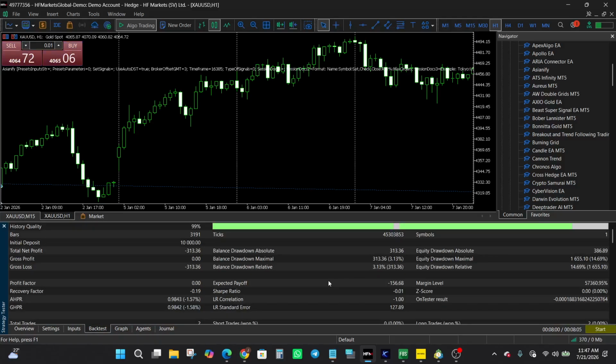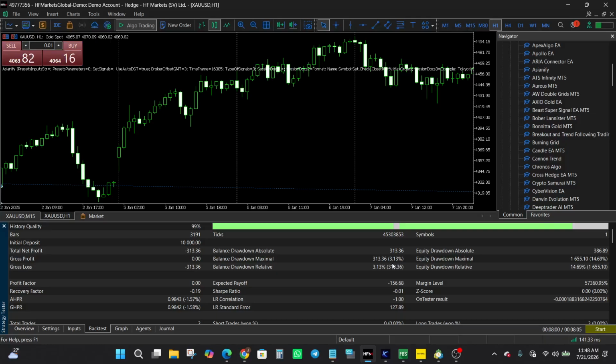So if we come check this out again, we can see that the equity drawdown was precisely 14.69%, while the balance drawdown was just 3.13%. So that gap suggests that the account was sitting in a much deeper floating loss before those positions eventually closed. Which is something that I would want to understand better with a larger sample.